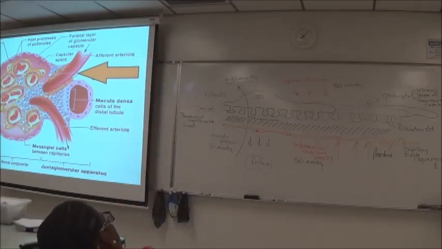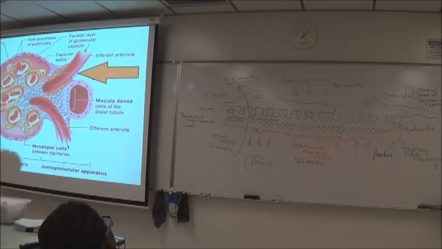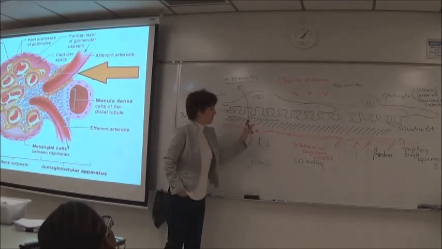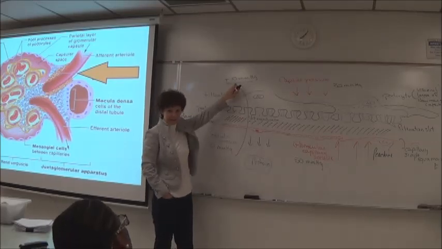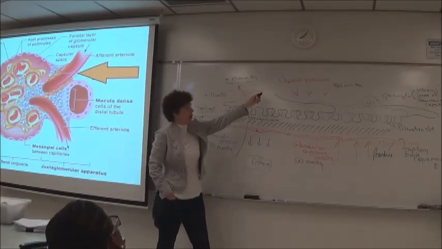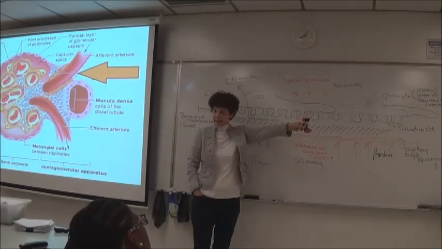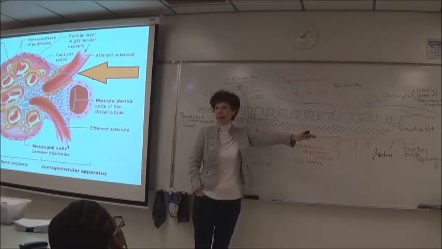Yes? So when you increase capillary pressure, the capsule pressure increases with it? So when you increase capillary pressure, we increase this number. This value here will increase, causing more filtration. Okay. It should only increase this marginally because it's going to increase the flow rate. So as we make more filtrate, that pressure is going to push it through the nephrons more rapidly.